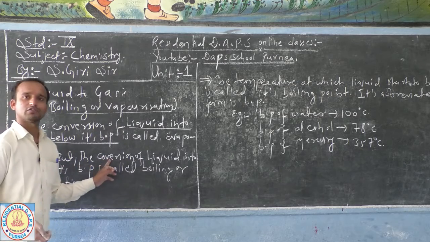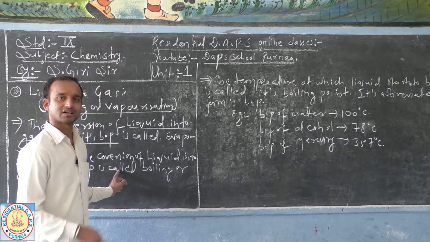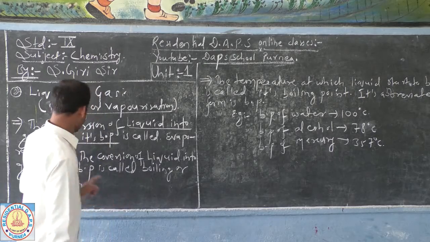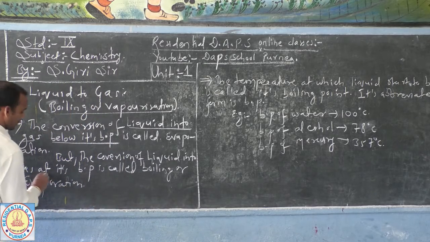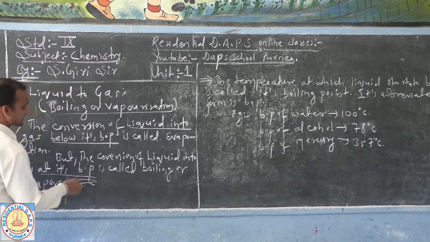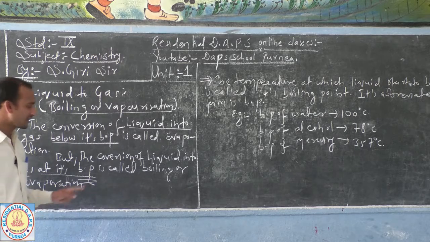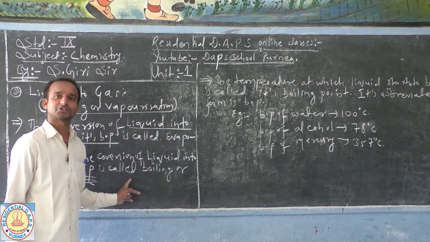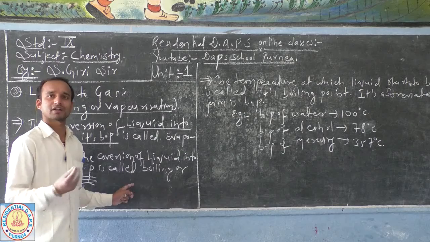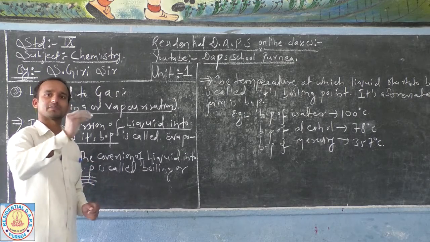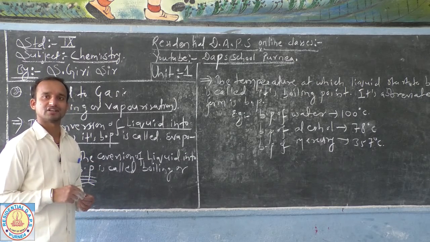But the conversion of liquid into gas at its boiling point, the boiling point must be satisfied, then that particular liquid starts to boil. It means bubbles will start to come and it will start to become gas rapidly.